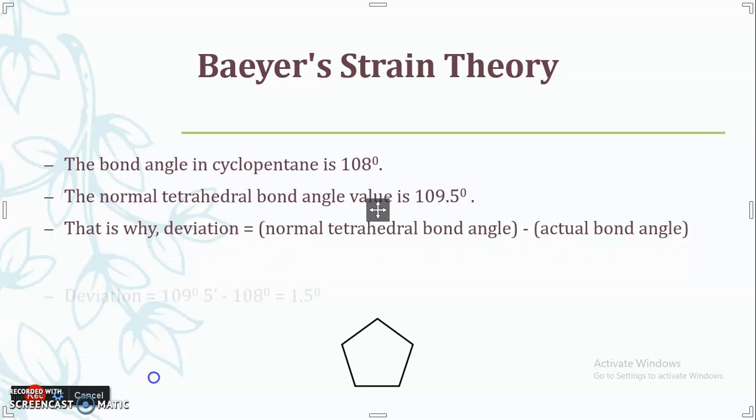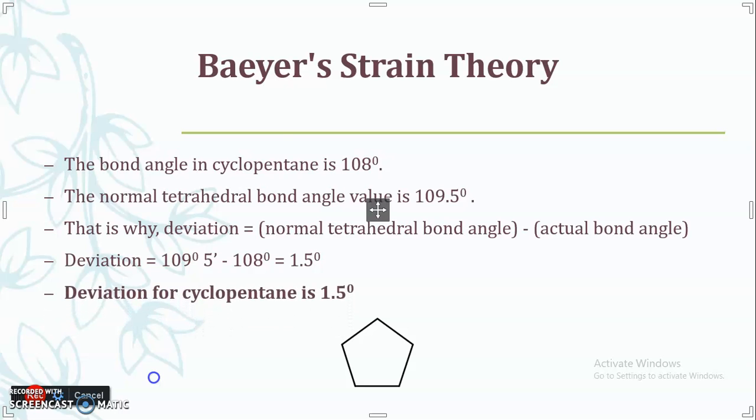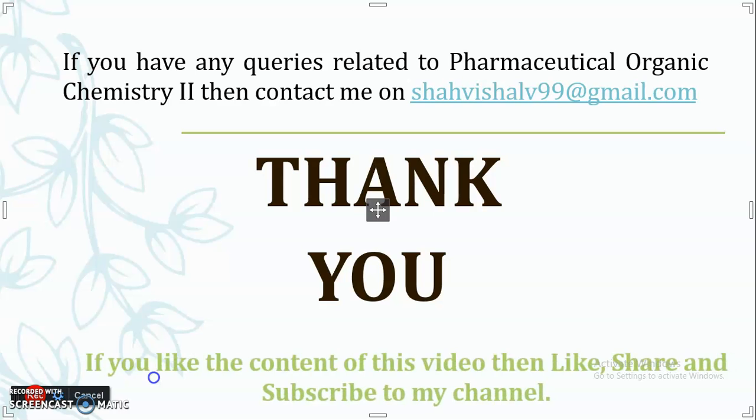If we calculate the deviation, it becomes 1.5, so less deviation is present in cyclopentane. In the next video, we will see the further part, how these deviations are related to the stability of the cycloalkane.